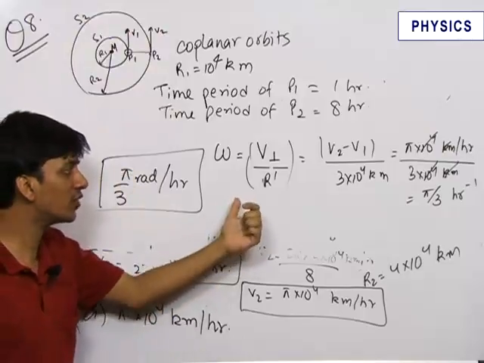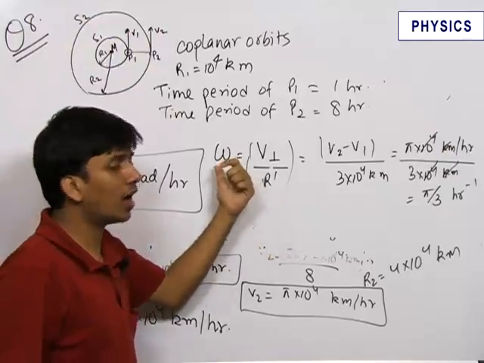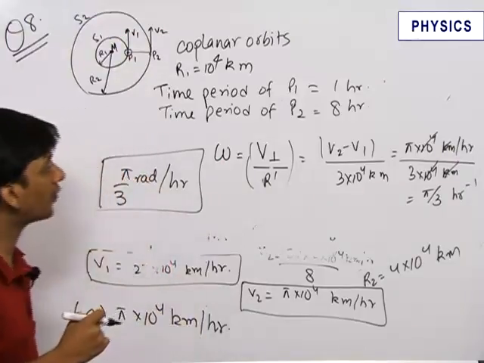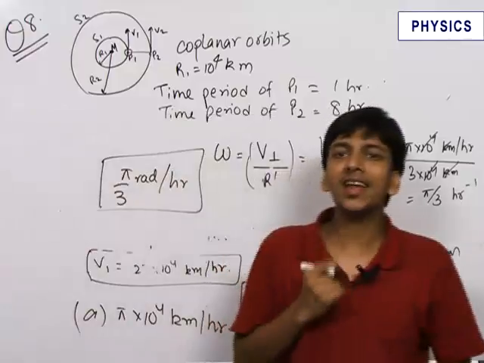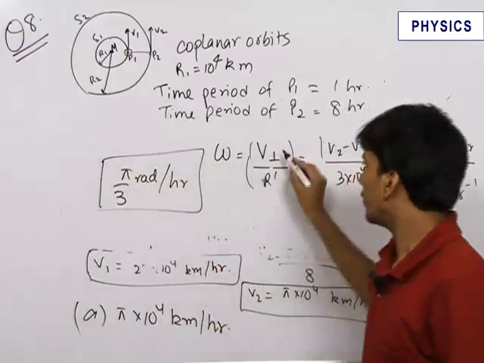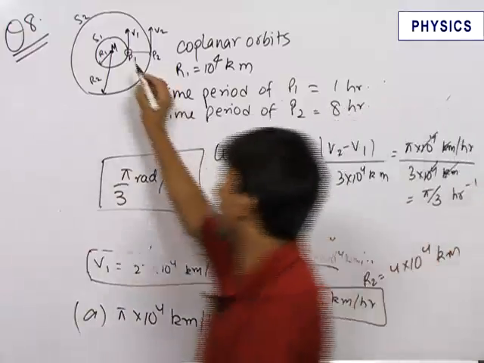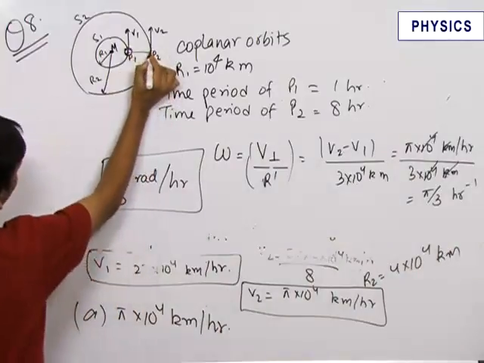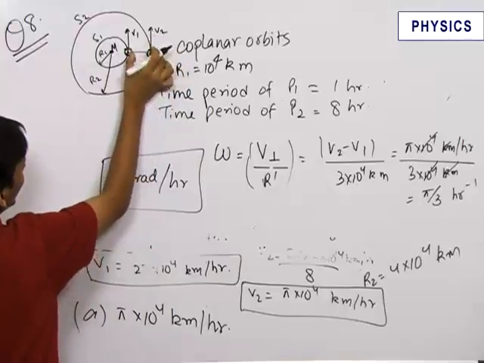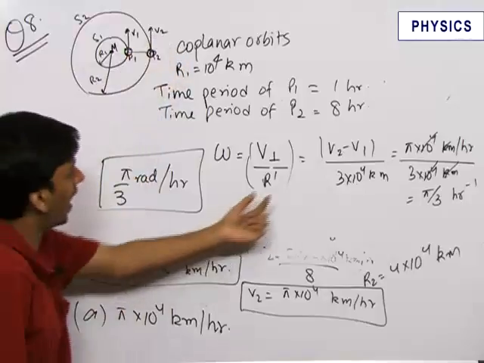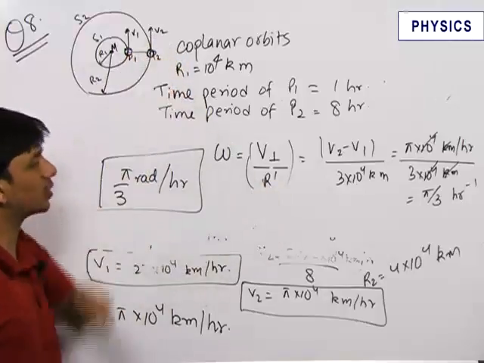The important thing which we learned here is that whenever we want to find the relative omega, the standard formula is V relative perpendicular upon r', where V relative perpendicular means, relative to the observer, the velocity of the object in the direction perpendicular to the line joining them, and r' is the distance between the two objects.